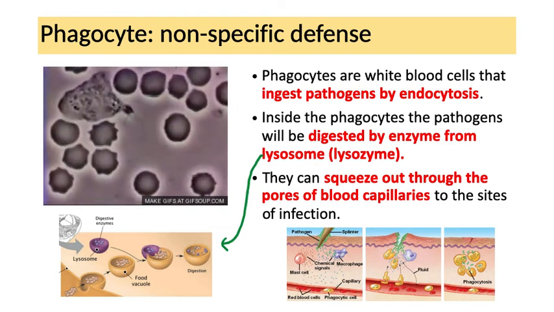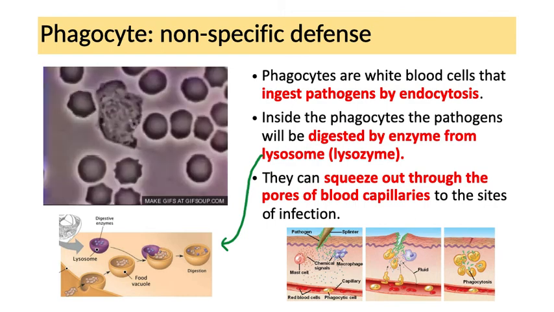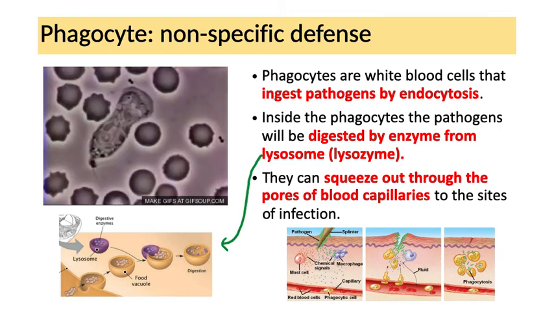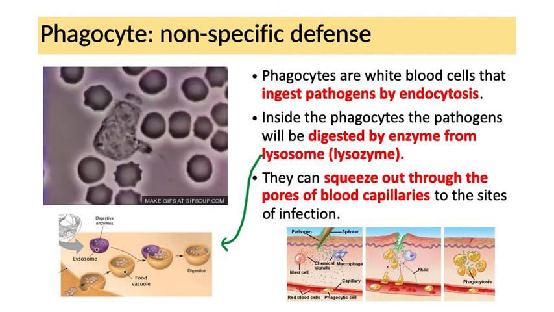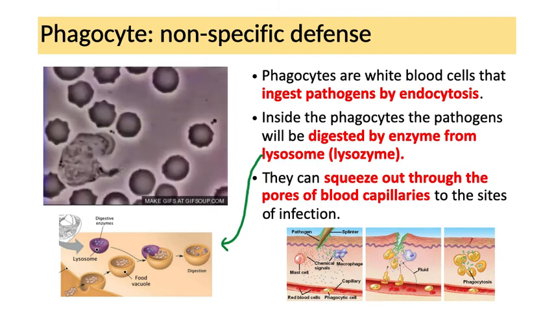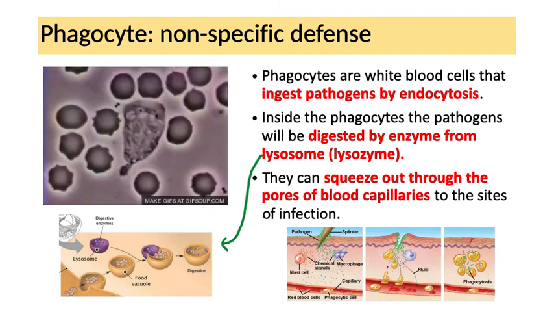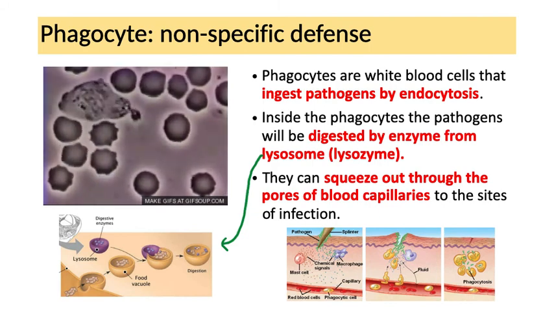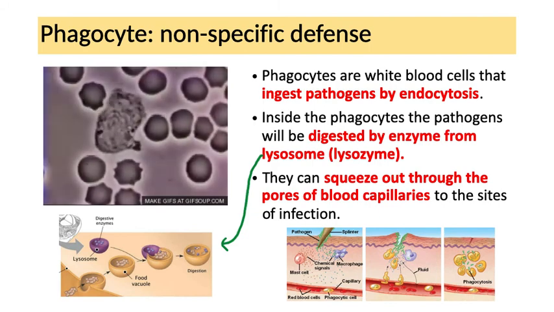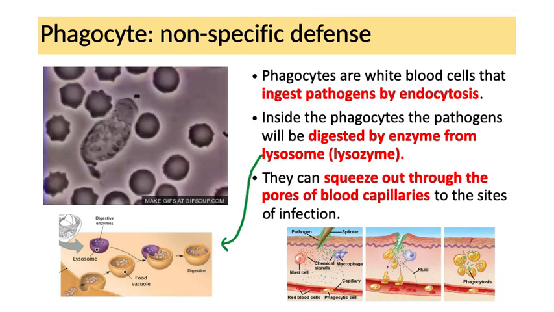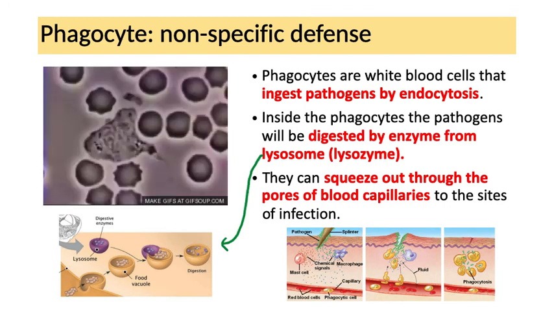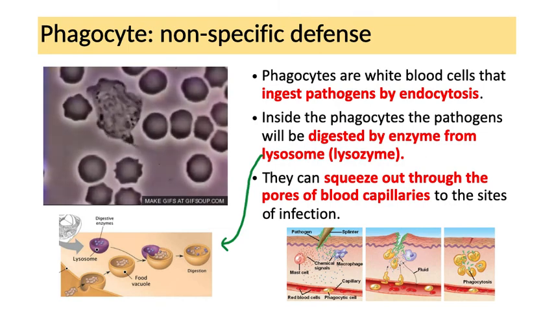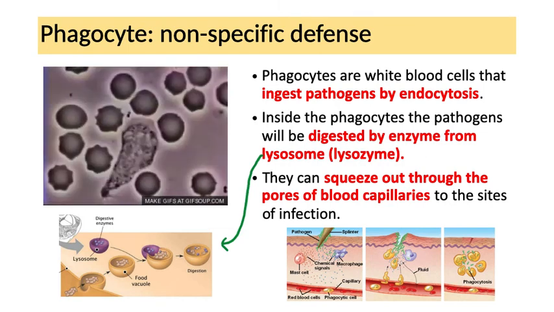So when the white blood cell phagocyte engulfs the bacteria by endocytosis, it will become the food vacuole, and then the lysosome will combine with the food vacuole and release the digestive enzyme inside it, and of course the bacteria will be digested by the lysosome. The enzyme is called lysozyme.